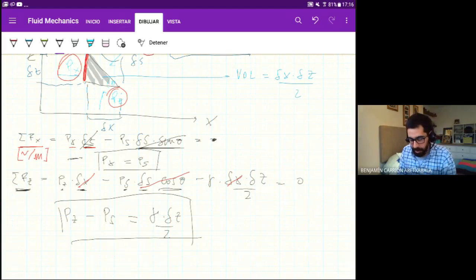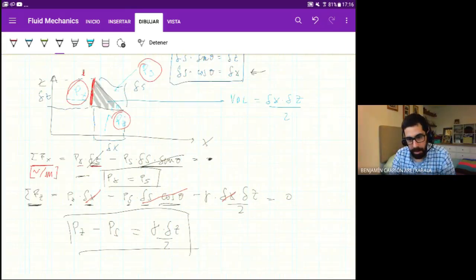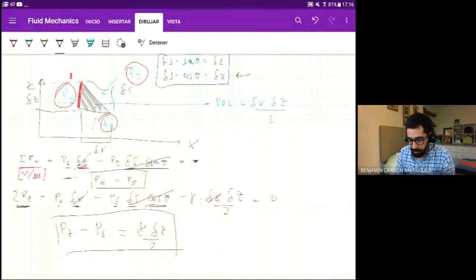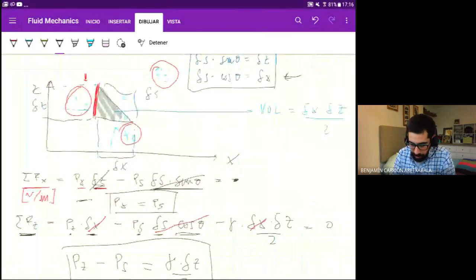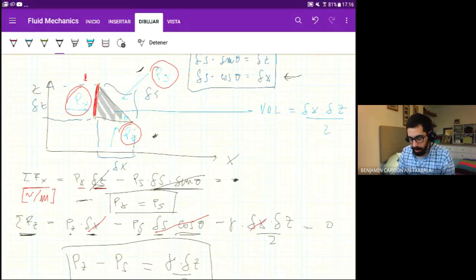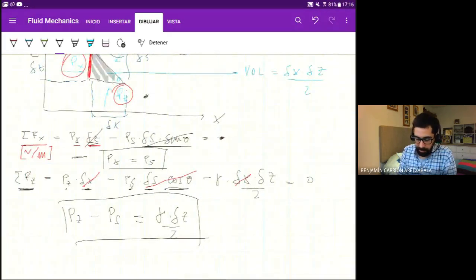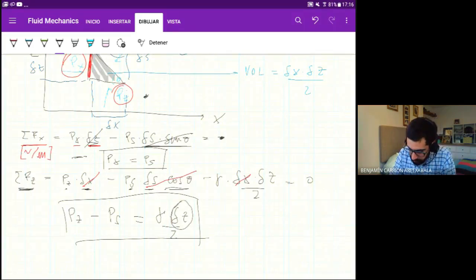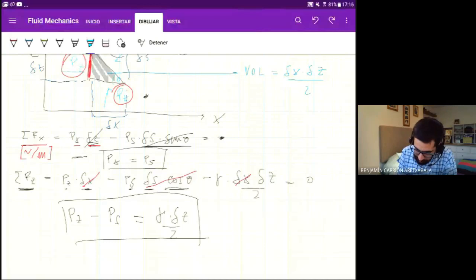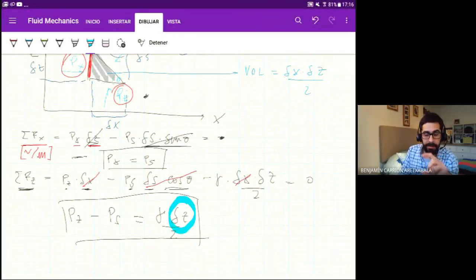So the difference between the pressure at the bottom here and the pressure on this diagonal side here only depends on this little guy, on the difference in the vertical, okay, times gamma.